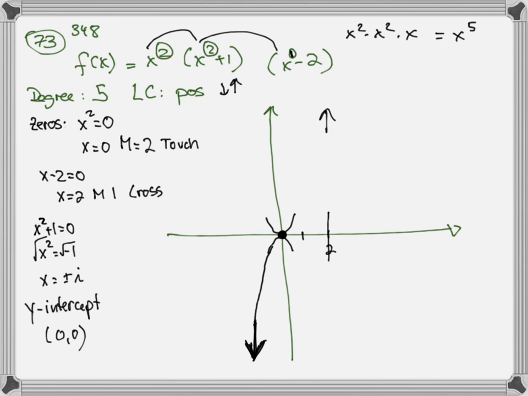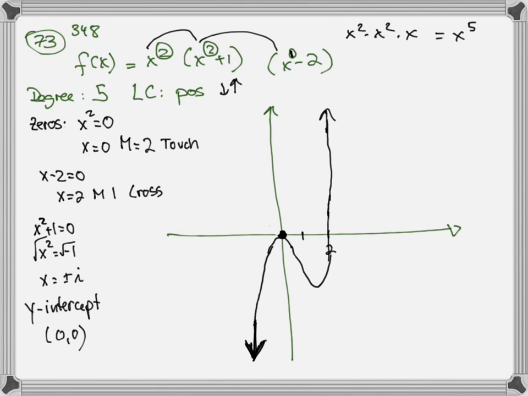It's touching down, so let me actually delete this. If it were touching up, then we would have to cross it at some point, but we can't because there's nothing else there to cross it. And now we're going to turn and go somewhat like that.